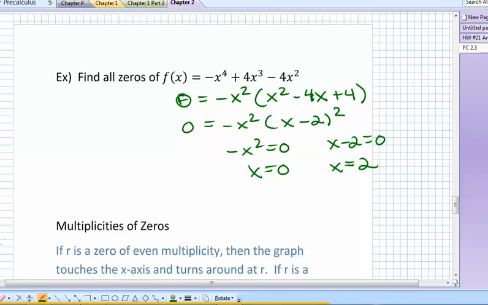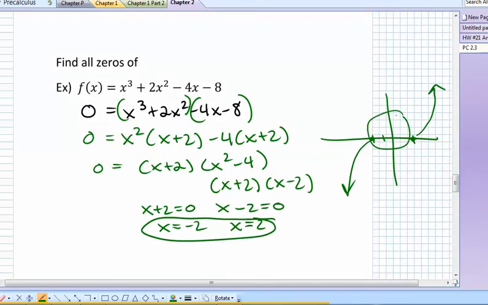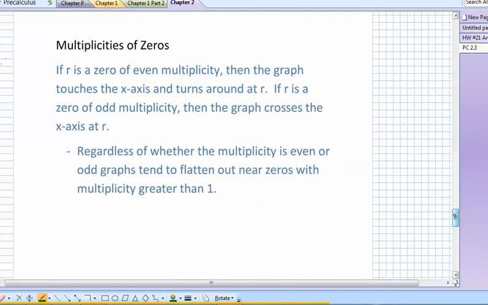To talk about what the graph will do at these points, we talk about the concept of multiplicities of zeros. Basically what it means is that if you find a 0 and it has even multiplicity, meaning the power is 2 or 4, then the graph will touch the x-axis and turn around at that 0.